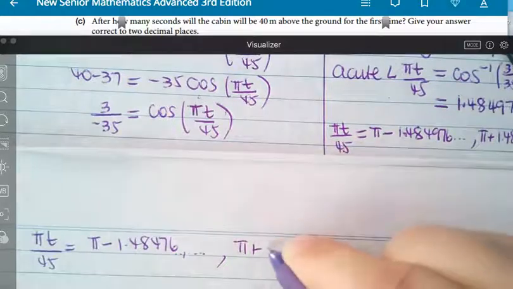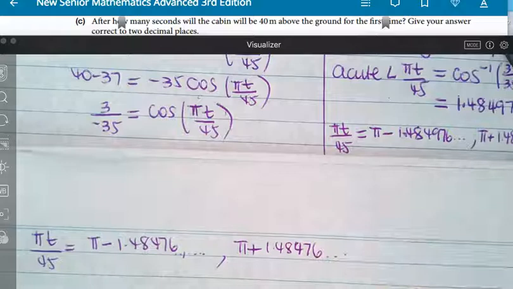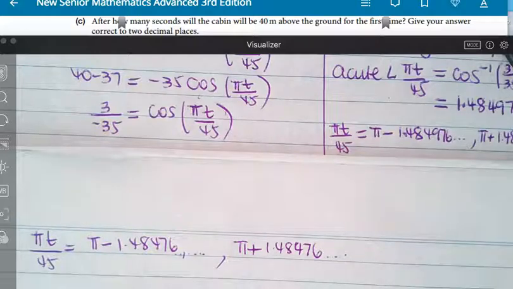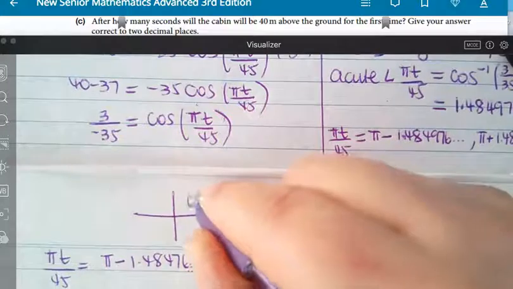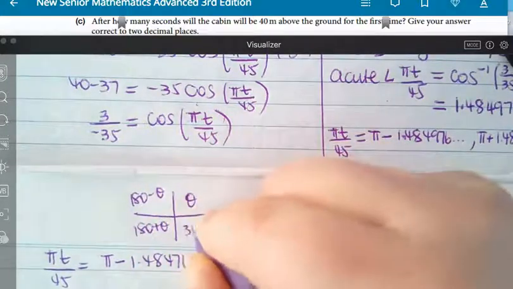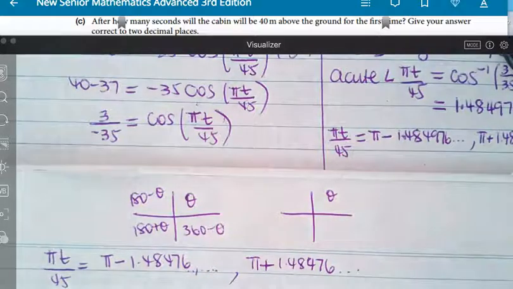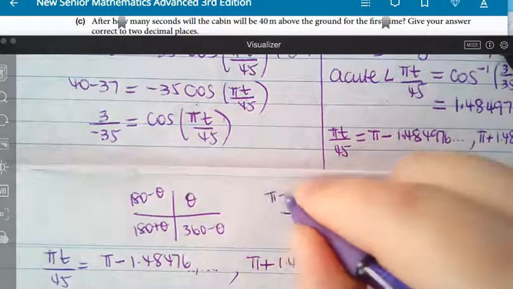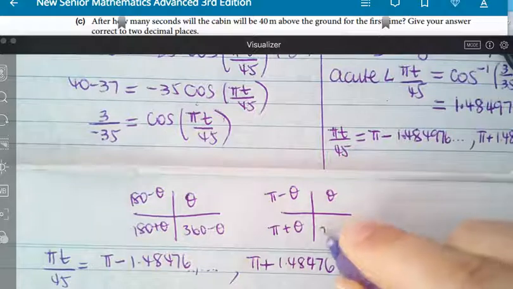Do you know why I'm writing these? Isn't quadrant 2 normally 180 minus and quadrant 3 180 plus? So normally these are our quadrants: theta, 180 minus, 180 plus, 360 minus. Why am I writing pi? Because I'm in radians. Pi minus whatever your angle is, pi plus, 2 pi minus.